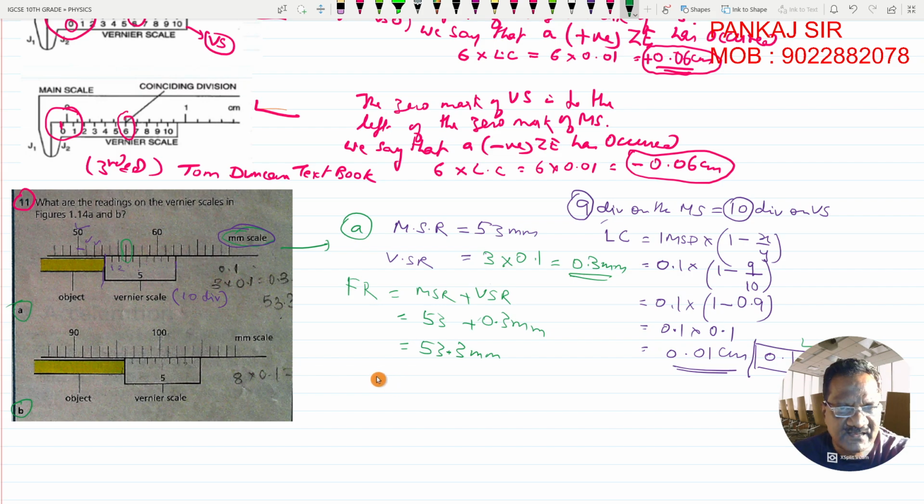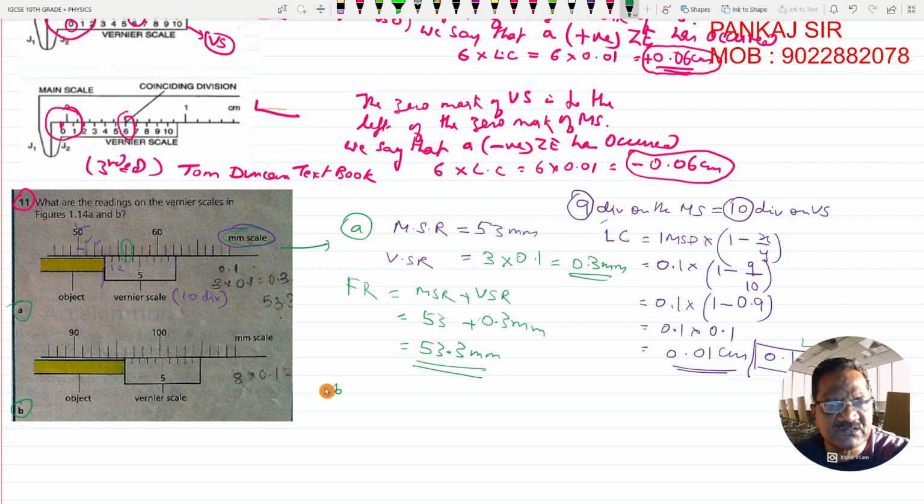Otherwise, if there was some zero error, whether positive or negative, we should have taken it into consideration and done the correction accordingly, and the corrected reading would have been slightly different from this 53.3. But in this case, we are assuming the zero error to be nil, and that is why we are keeping the final reading as 53.3 millimeter. So this is the answer for the A part of the question.